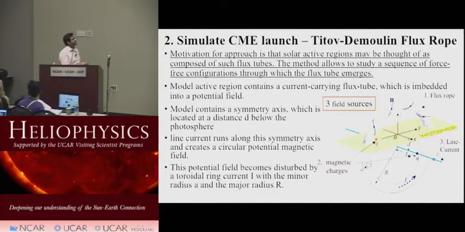The other they create through magnetic charges, these hypothetical magnetic charges that create a magnetic field. And third, a line current. And this fully describes how they create this flux rope. The further details go into describing exactly how they set up this flux rope.